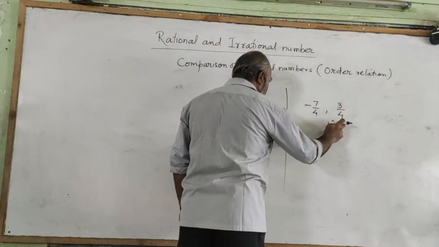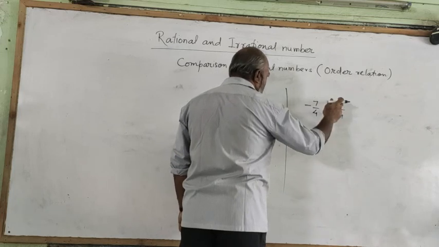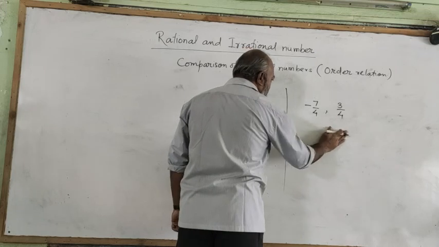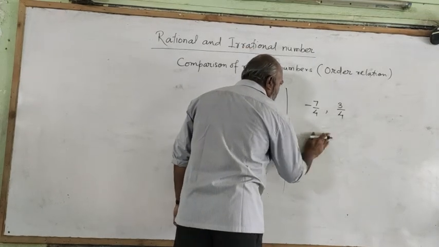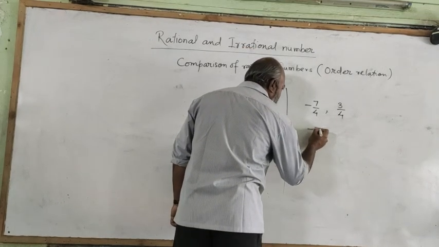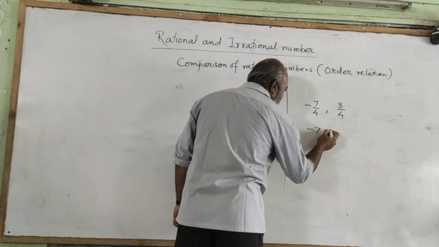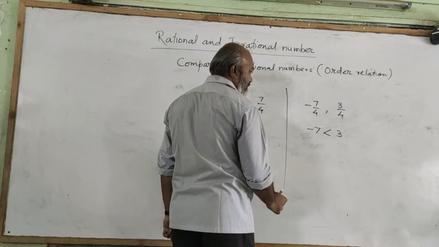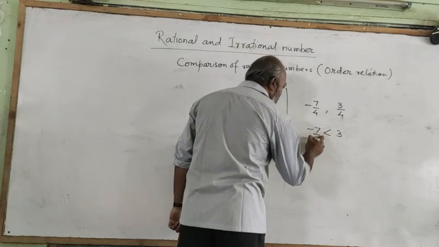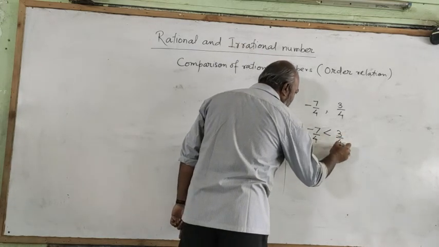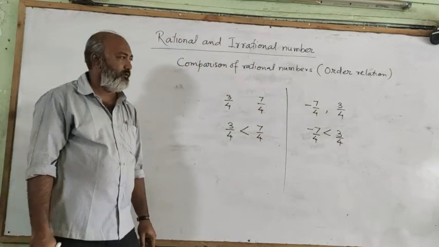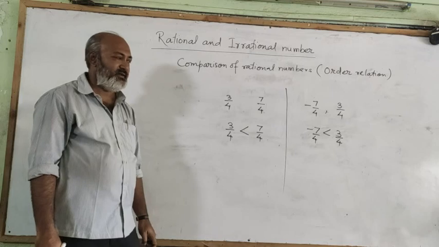Denominator is the same, numerators of both the numbers are compared like this. Minus 7 is less than plus 3. Therefore, minus 7 by 4 is less than 3 by 4. Hope you understand it.